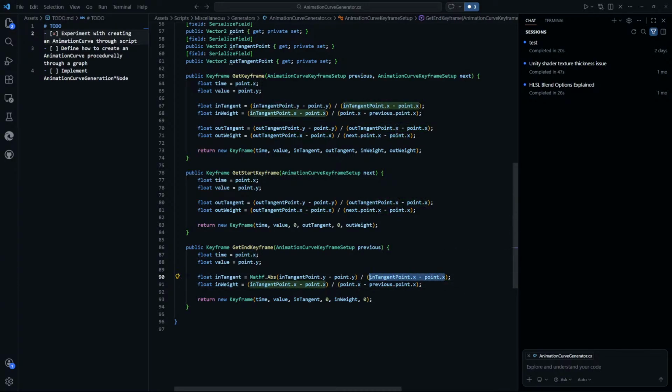This is going to become negative, but this is positive, so we get a negative value here. Yeah, that's not good, because when it's the intangent, oh.